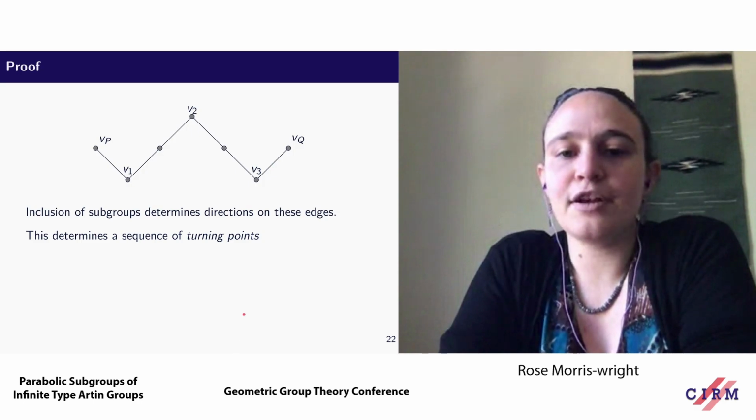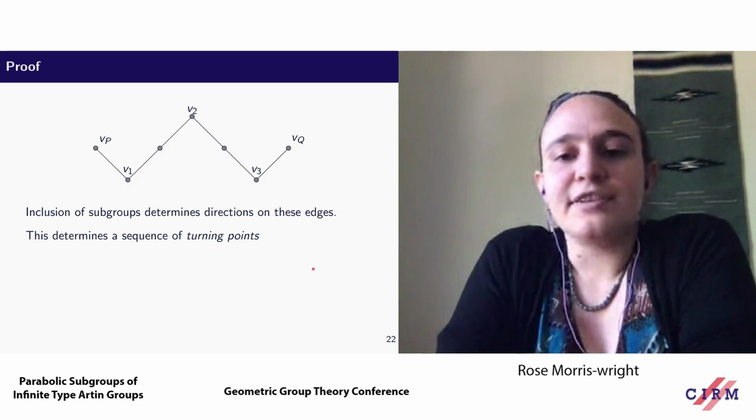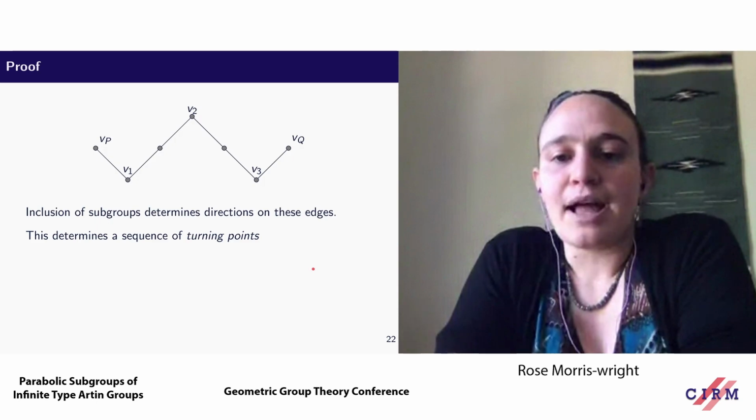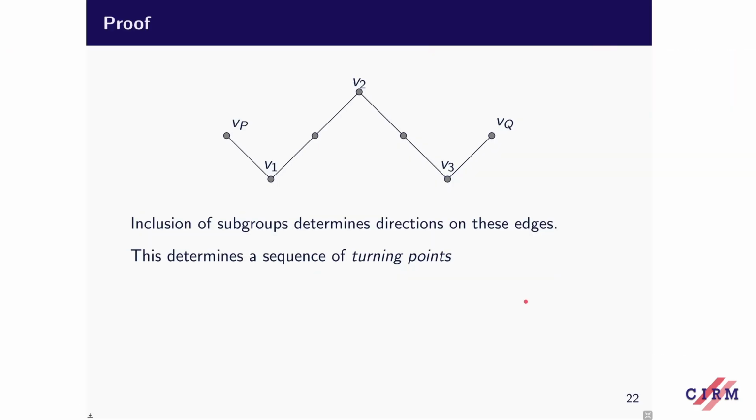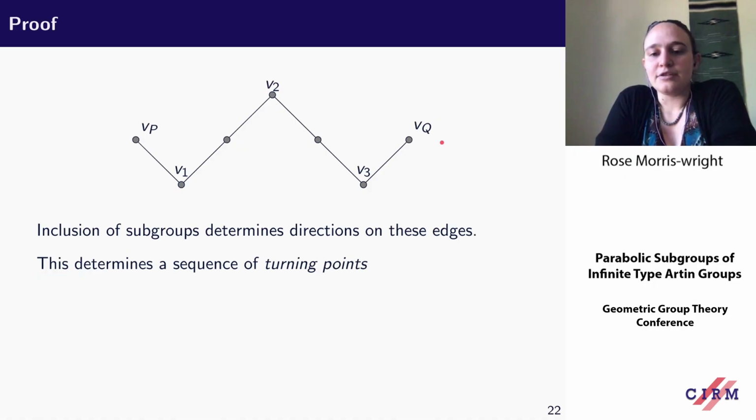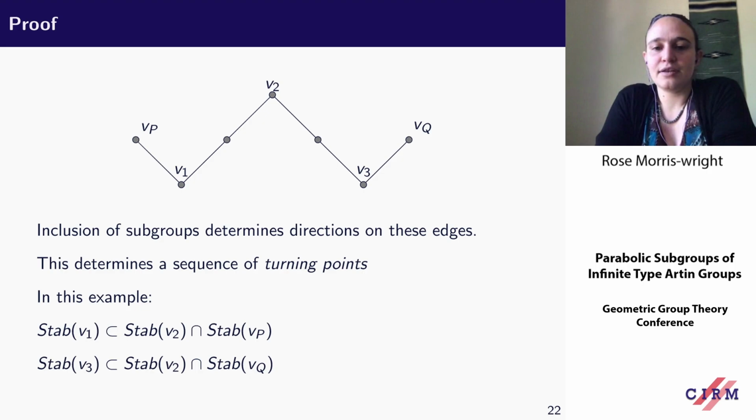In particular, remember that the edges in the Deligne complex are determined by inclusion. So you can put a direction on each of these edges. I've drawn it in this up, down way to suggest that. So this determines a sequence of what I call turning points in this edge path. And we get some relations between the turning points.